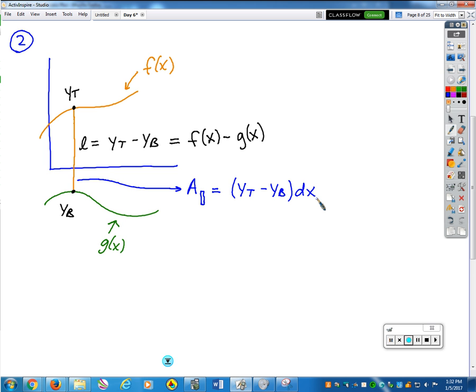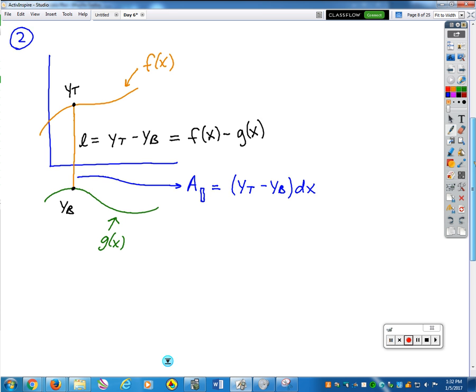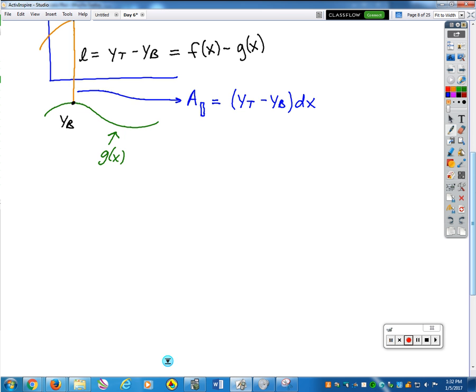Give me one or two if everything on the board makes sense. So then we said, okay, great. If we want to find the area of many rectangles, we simply need to do this computation repeatedly.